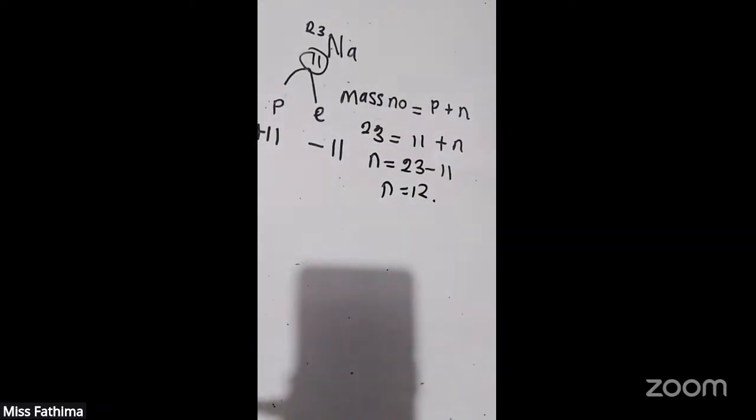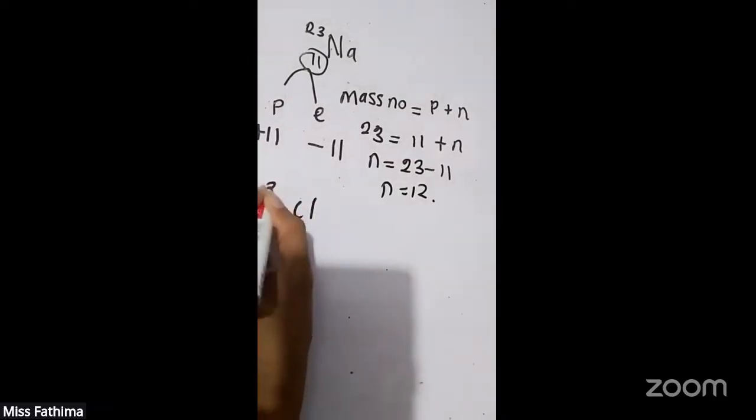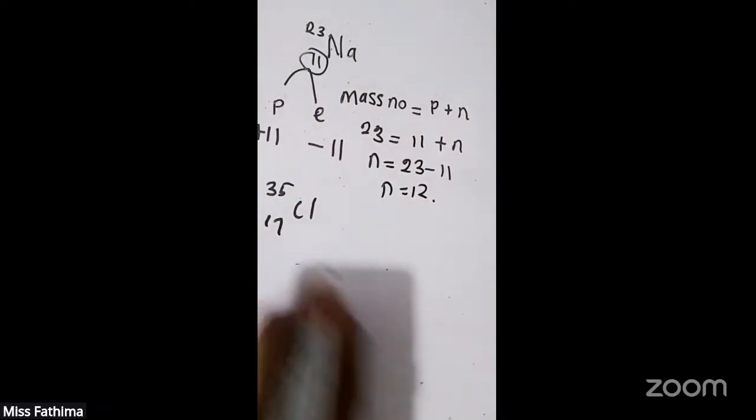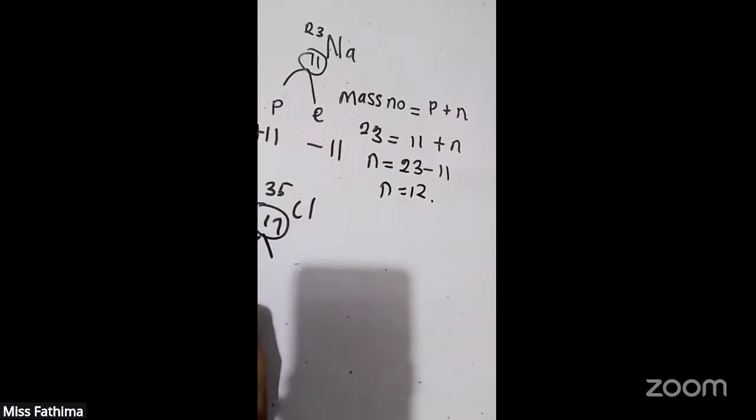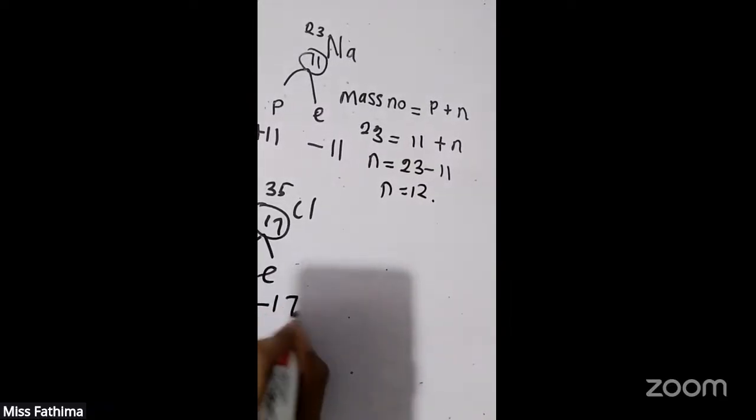Then the second one, chlorine, 35 and 17. Right? Okay. So now 17 gives you the number of proton and electron, which is plus 17 and minus 17, right?